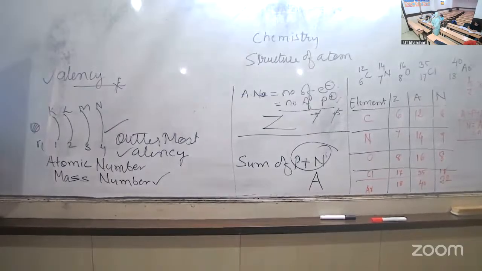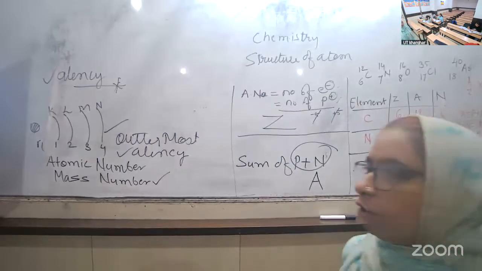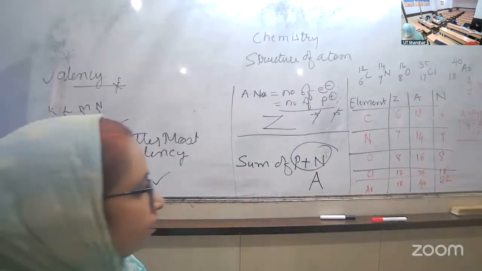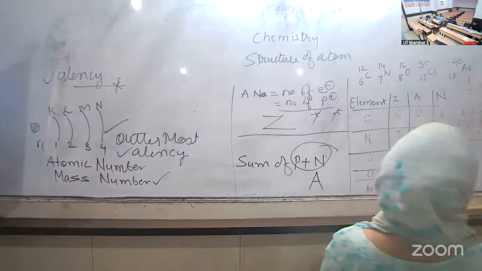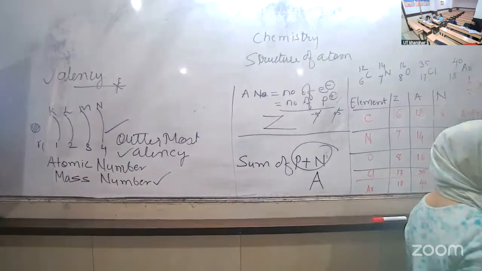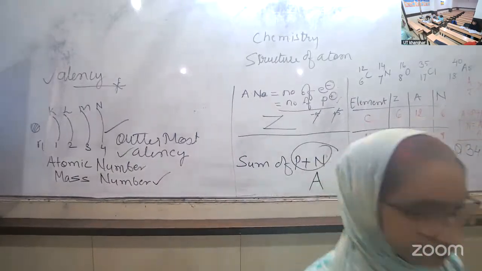If you are not sure about any value, write with pens, otherwise all values are the same. Question number 32, question number 24.